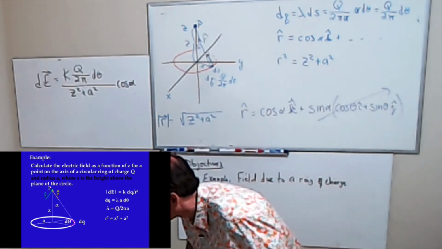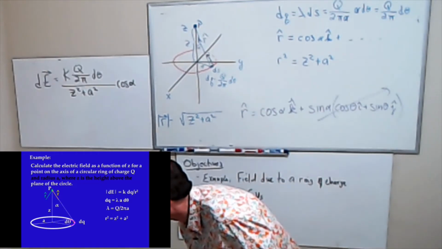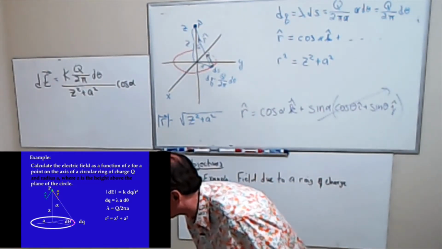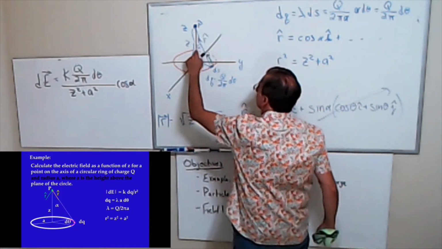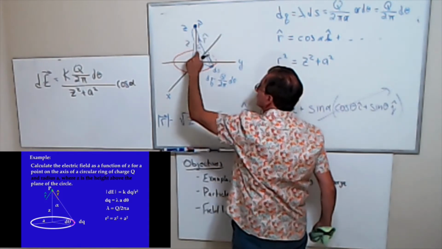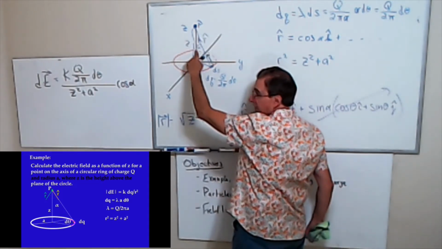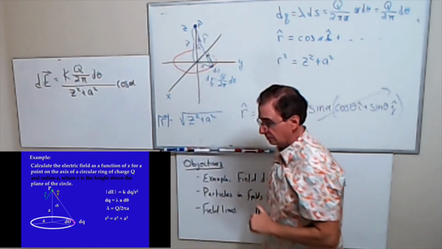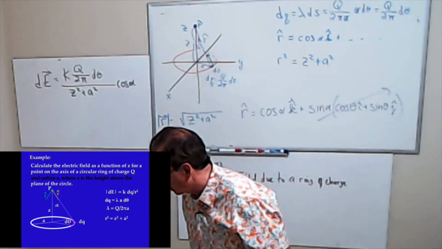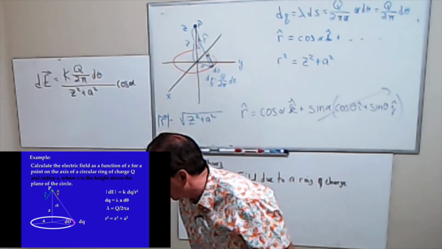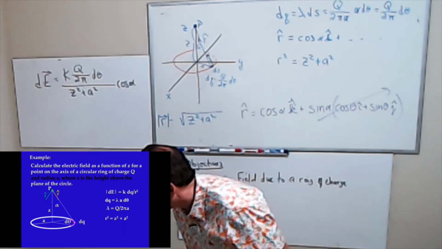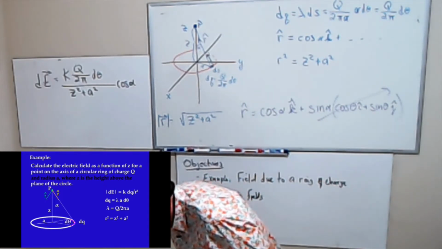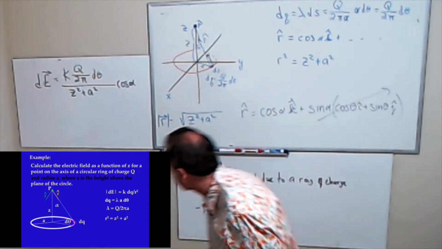Okay. What did I get? Cosine alpha is the component along the z direction, adjacent over hypotenuse. Is that an i hat with the r hat?